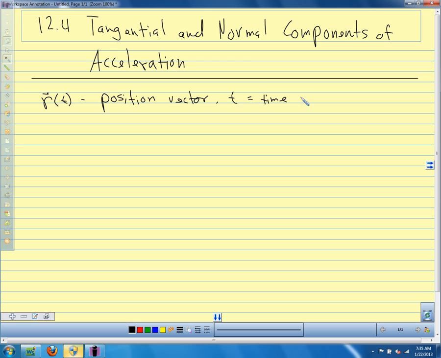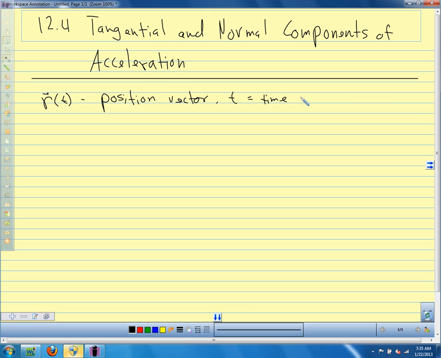What we're interested in today is we figured out the other day how to find a unit tangent vector that is tangent to our curve at a particular point, points in the direction of increasing parameter, and we figured out also how to find a unit normal or principal unit normal vector, which is orthogonal to our unit tangent vector and points in the direction of the concavity of the curve, or in the direction that the curve is turning.